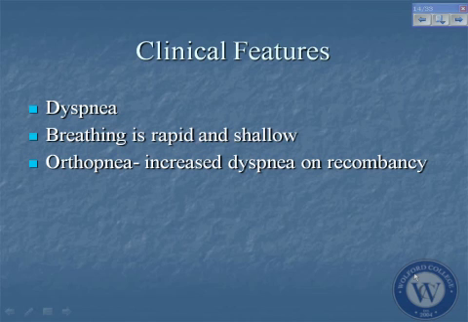Clinical features include dyspnea. Breathing is shallow and rapid, because what you're seeing in this individual, if you look at their compliance curve, is that they're down here now. So in pulmonary edema, you're breathing fast and shallow. That's all the tidal volume you can accept. The treatment of choice in these situations is to give them PEEP or CPAP.